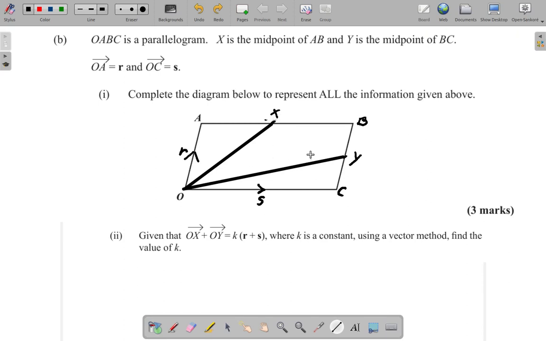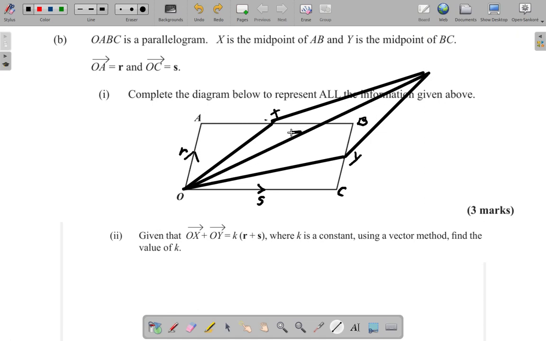If you use the parallelogram rule, if you draw a vector similar to OY but starting at X, same distance, same direction, and then from OY you draw a vector equal to OX, and then the resultant, it's kind of rough, it's about this. Let me put 2 arrows on here to make this the resultant.